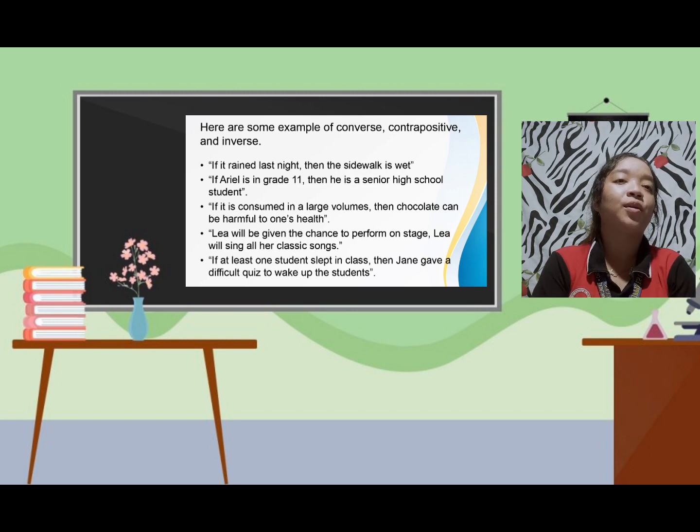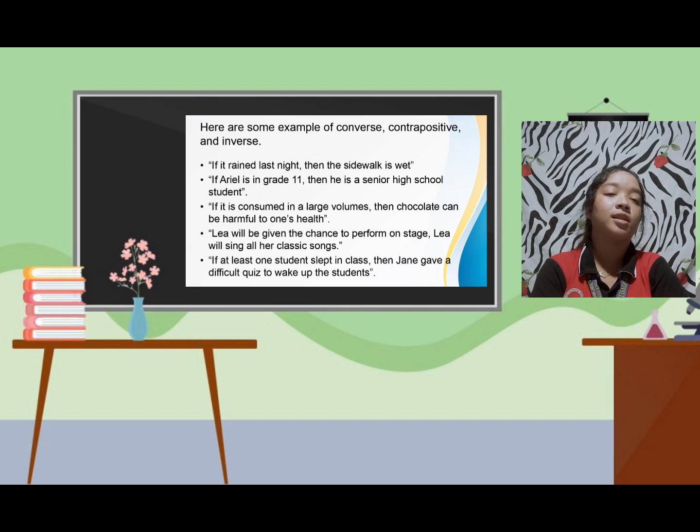Okay, let's proceed to another example. Our conditional statement is: if it is consumed in large volumes, then chocolate can be harmful to one's health. So our P is consumed in large volumes, and our Q is chocolate can be harmful to one's health.